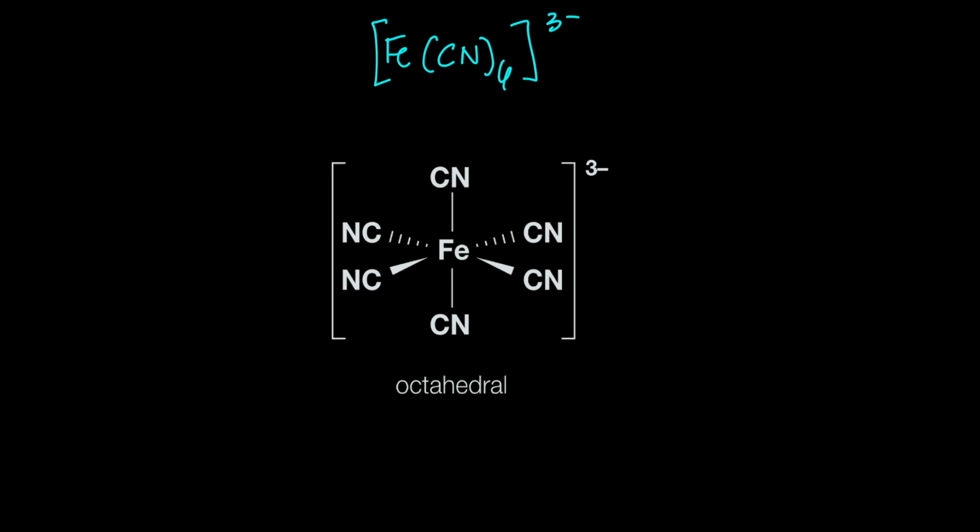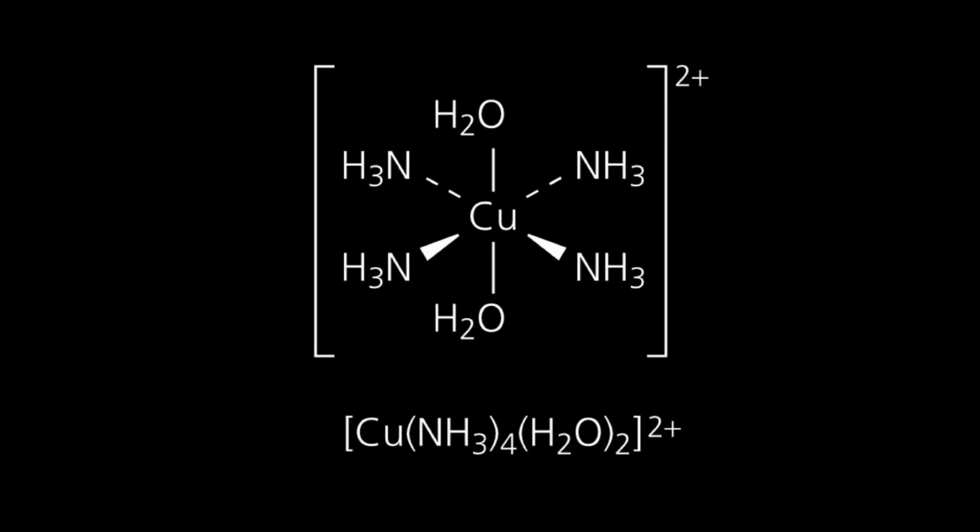You can take a look at them with 6 ammonias, 6 waters. Sometimes, I mentioned earlier, copper with 4 ammonias and 2 waters. Let me show that to you. That's also octahedral because it has 6 ligands. I'm just pasting that here. That is an octahedral complex, in which case you have, instead of 6 waters, 2 waters and 4 ammonias.